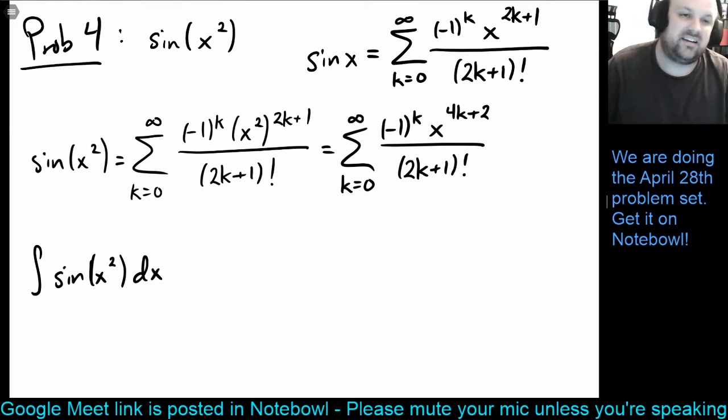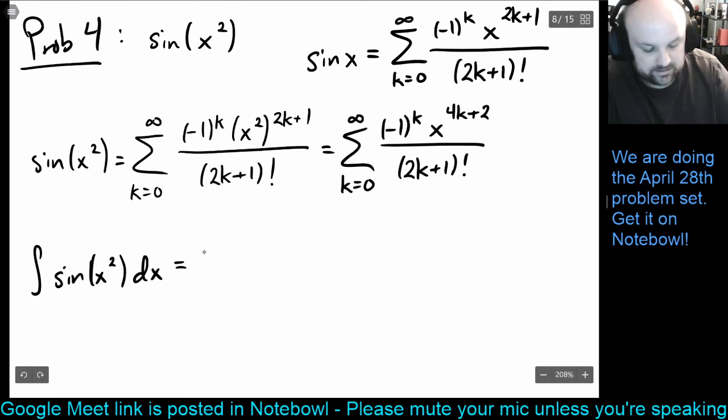We can't get a nice, elementary function, elementary being some algebraic function, trig, exponential, logarithmic, the usual kind of functions we have. It's not going to be one of those. It has to be expressed as a power series, but it's still a function, right?